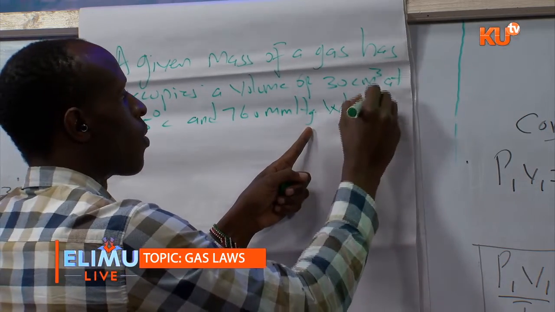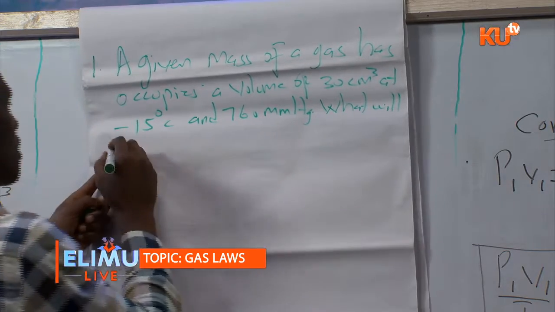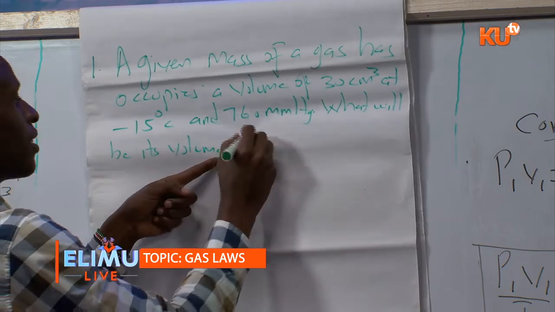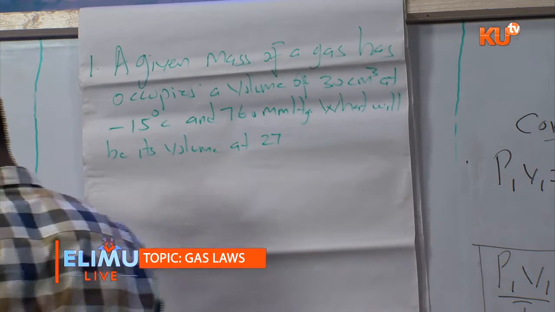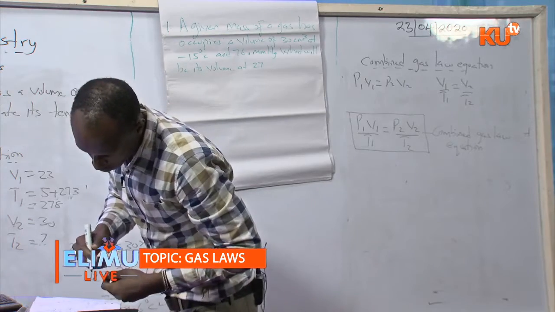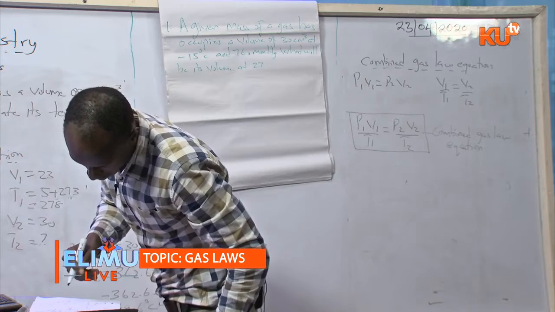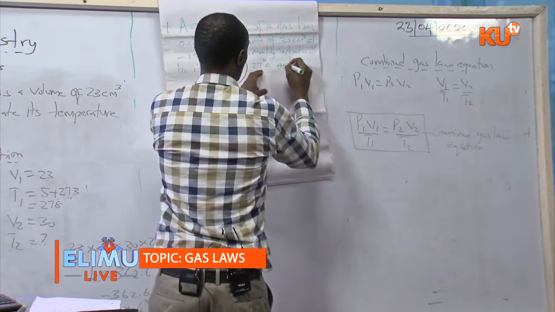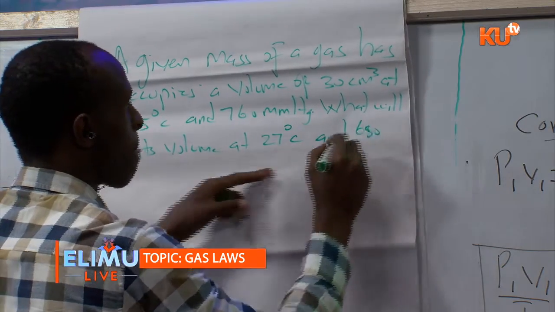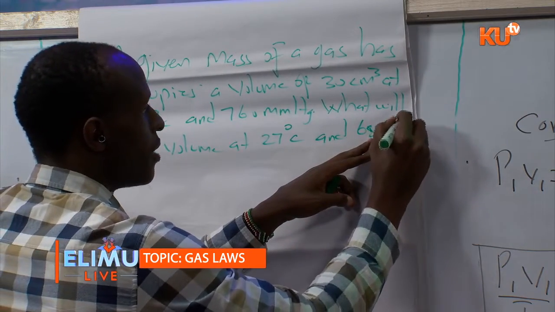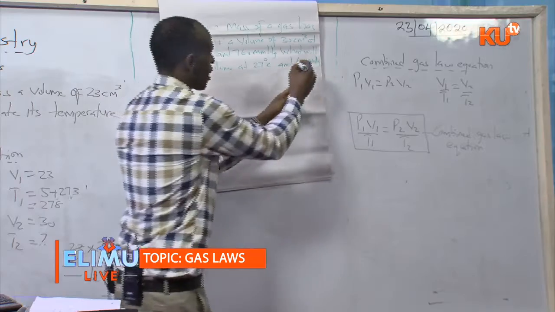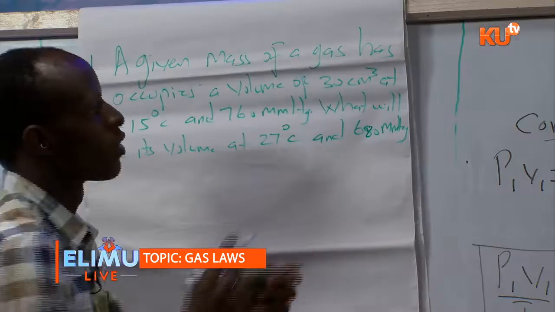What will be its volume at 27 degrees Celsius and 680 mmHg? mmHg, remember, is the unit for measuring pressure. I hope it's clear there when you're at home.